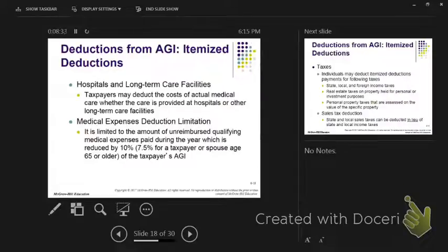You can also do your long-term facilities. My grandmother was in a nursing home for medical reasons, not because she was tired of living on her own and checked into an assisted living. You need to be in there for medical purposes, which she was, and it was 98% tax deductible. I say 98 because she did have cable.